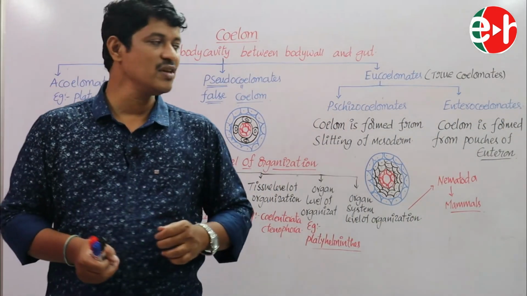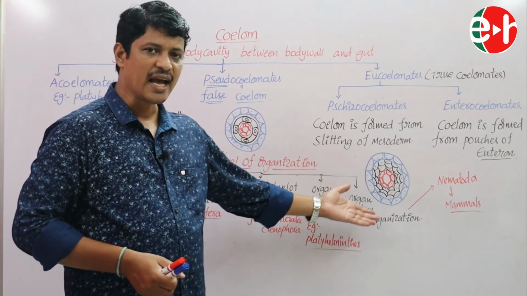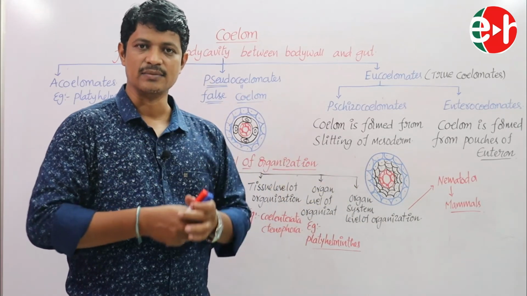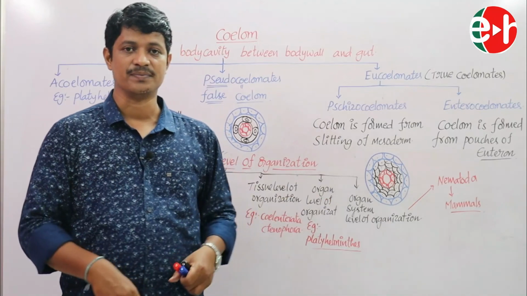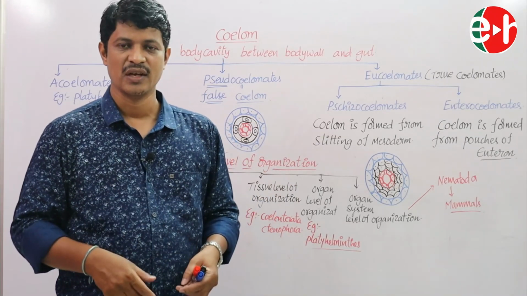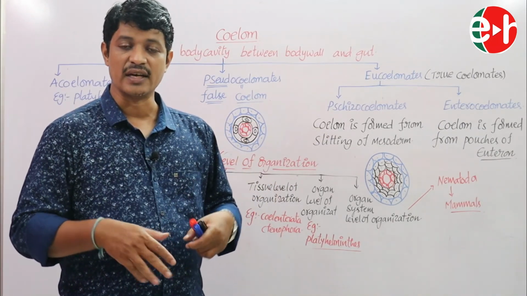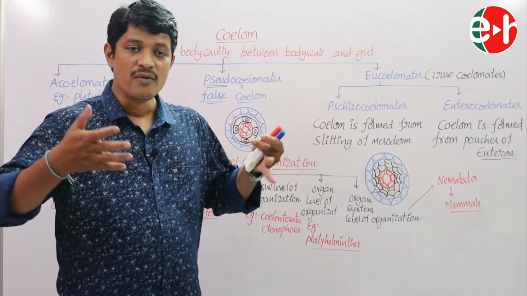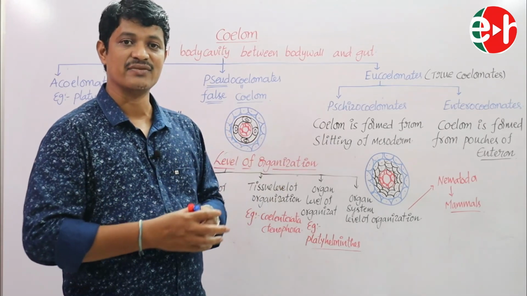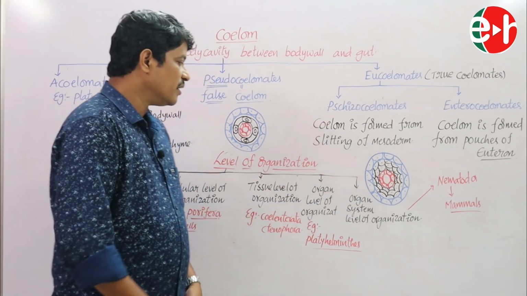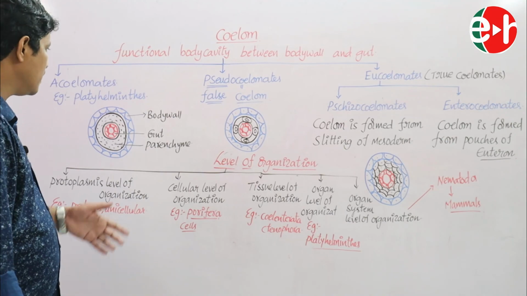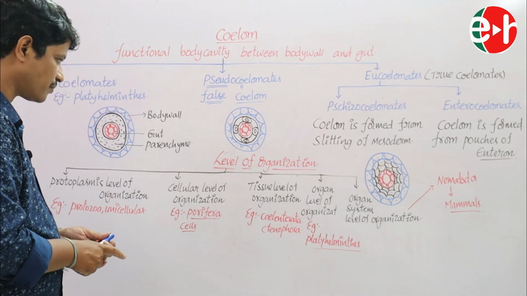Here the metabolic activities are carried out by organ systems: the digestive system for digestion, respiratory system for respiration, circulatory system for circulation, excretory system for excretion, nervous system for irritability. So we have different systems doing different metabolic activities. These are the different levels of organization in different animals.